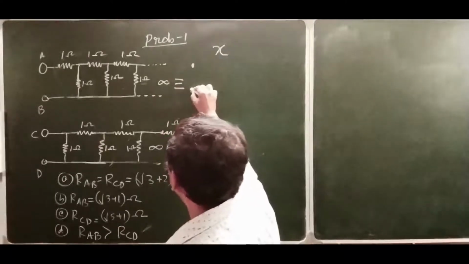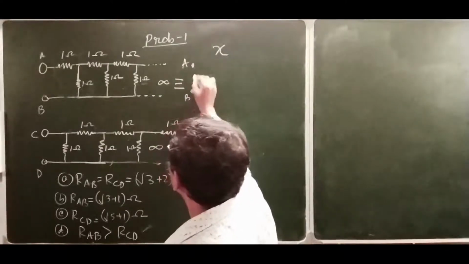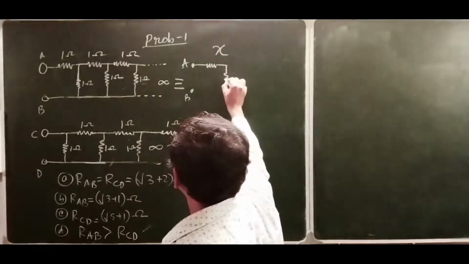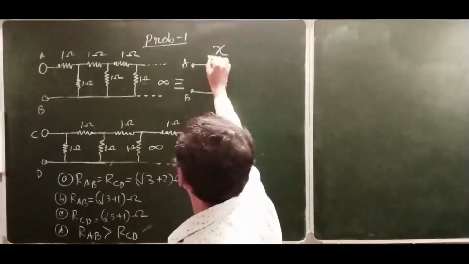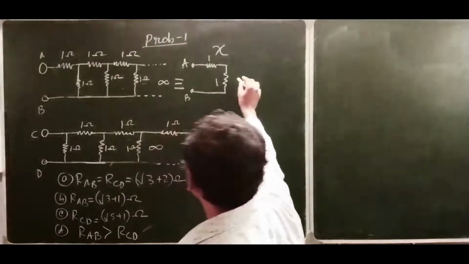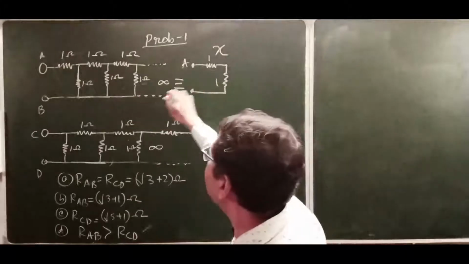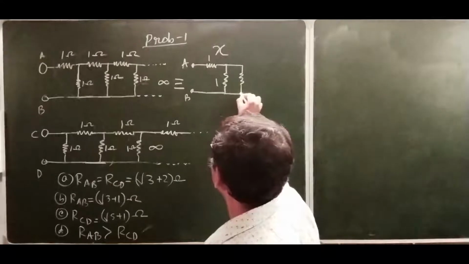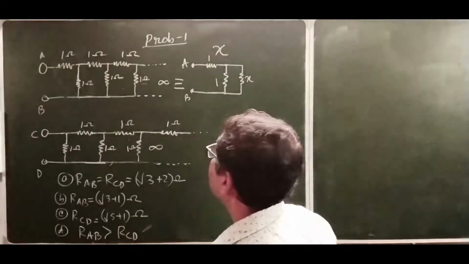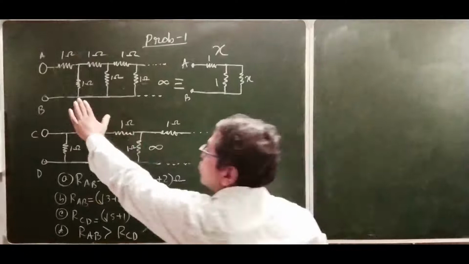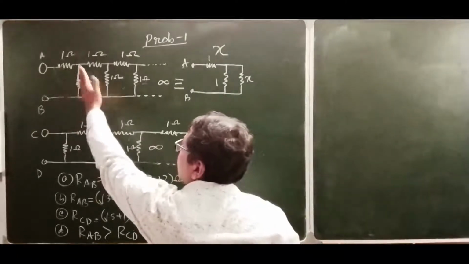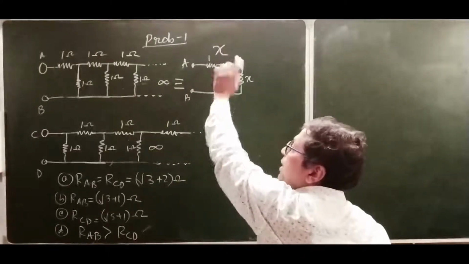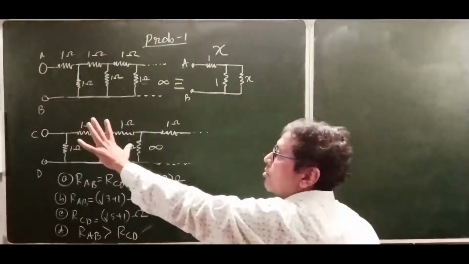This is terminal A and B. This is 1 ohm, this is 1 ohm, and the remaining part is equal to X. This is X, because if you only remove one section, the remaining part is also equal to X, that is equal to the total resistance.